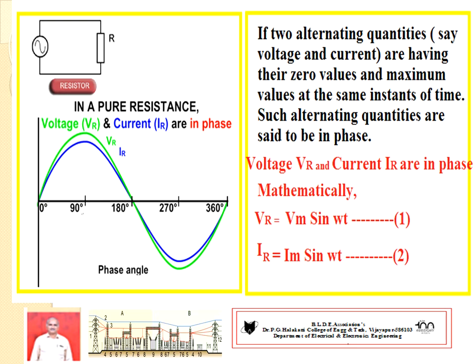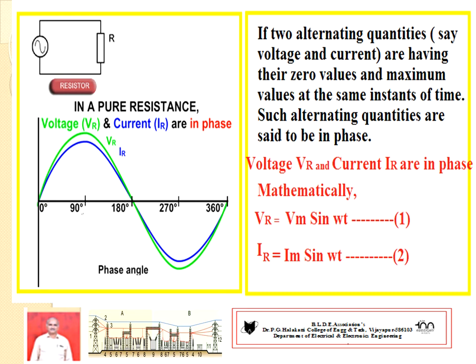Their zero values occur at the origin, and both zero values occur at 180 degrees and 360 degrees. Both voltage and current maximum values occur at 90 degrees and 270 degrees. Hence, these two quantities, voltage and current, are in phase.